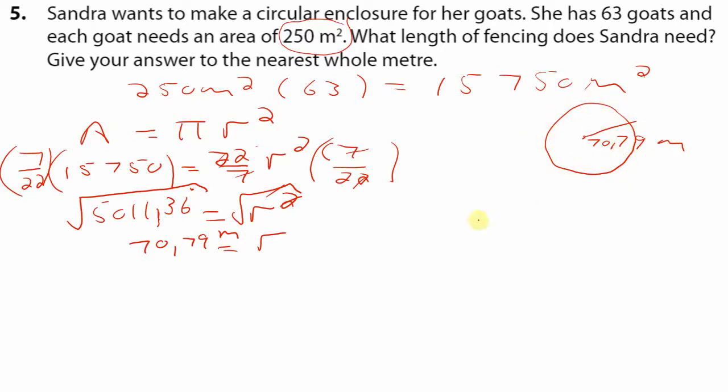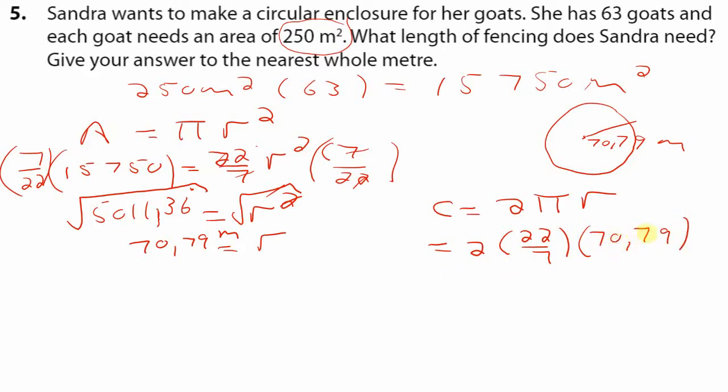So now we need to calculate the circumference, because that will give us the length of the fence all around. So circumference we know is 2 pi radius. And now we can replace the radius with the 70,79. So it's 2 pi, we can replace with 22 over 7 as approximation. Radius is 70,79. This is all meter.